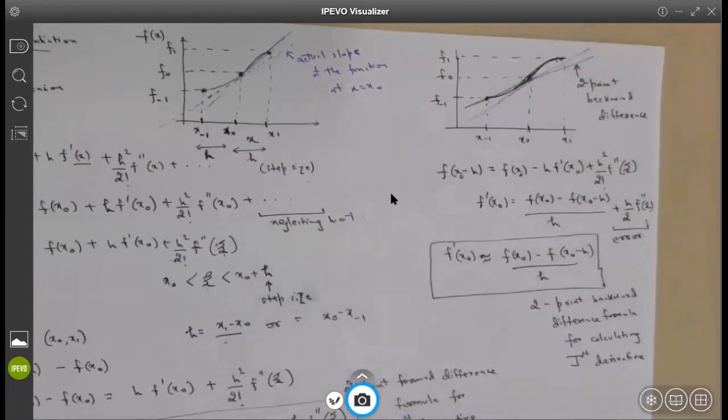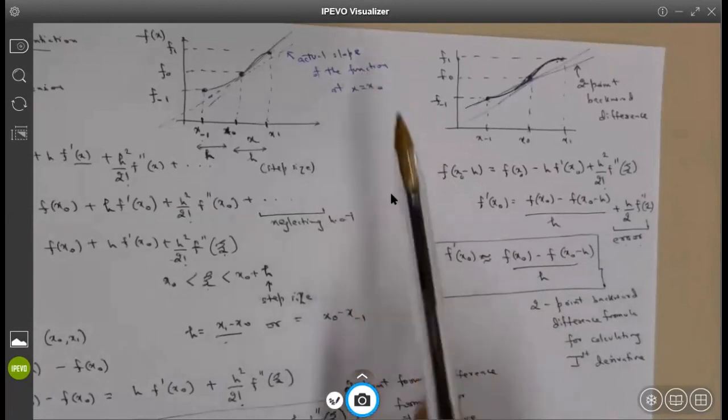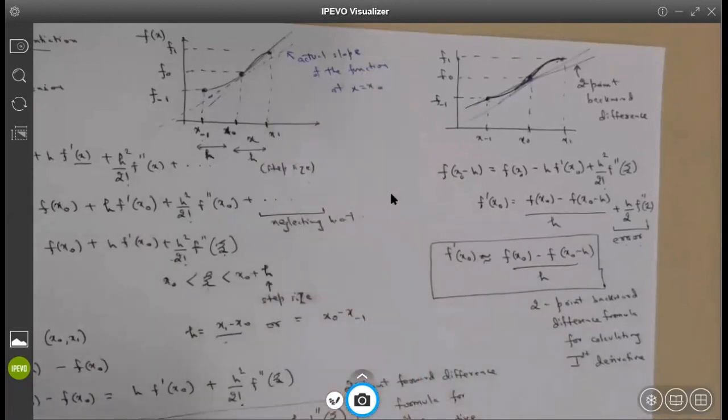There is another way that you can calculate the slope, is there? If you look at the graph, you can visualize that. Let me know if you are getting some idea about how else you can approximate the actual slope of the function at x equals x naught. Could you average the two slopes that you're determining?